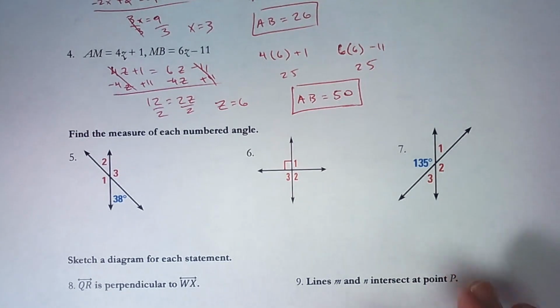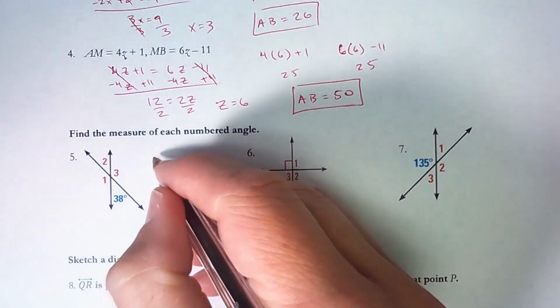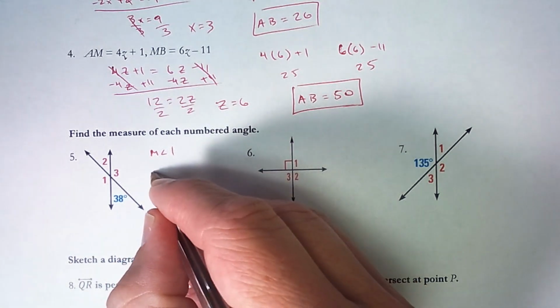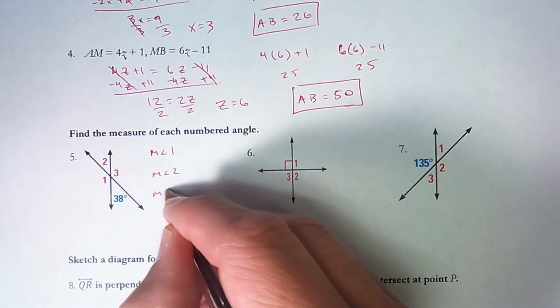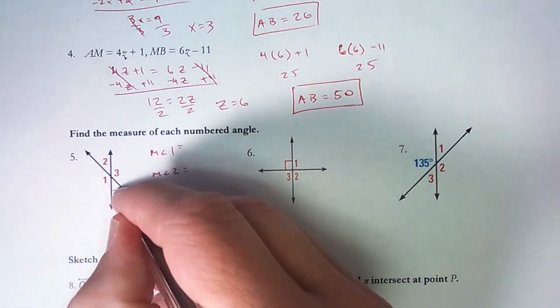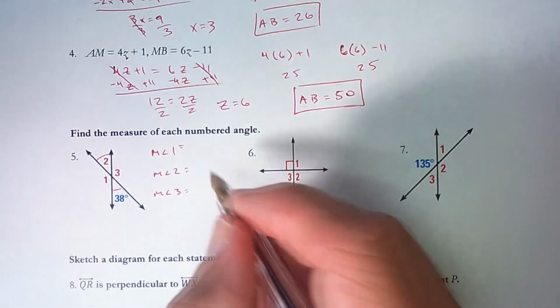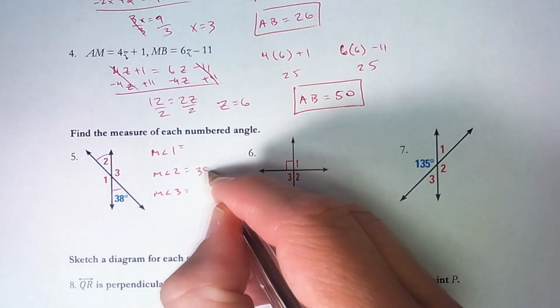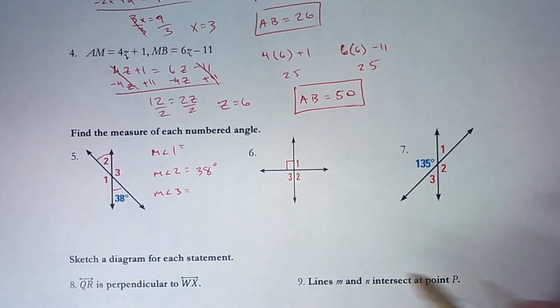All right, find the measure of each numbered angle. Okay, so I need the measure of angle 1, the measure of angle 2, the measure of angle 3. Okay, so now these are vertical angles. That means they're congruent. Angle 2 is 38 degrees.